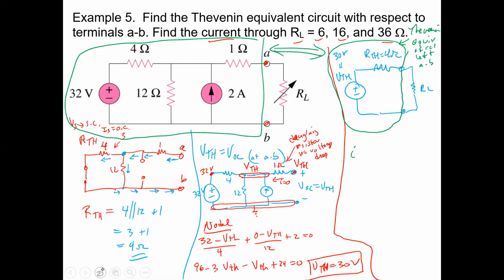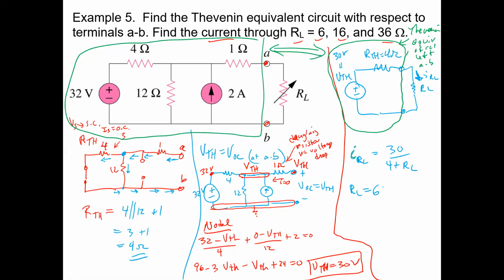The current going through the load is I sub RL, and I sub RL is just 30 over 4 plus RL. So with a pocket calculator, you can easily find the answer.